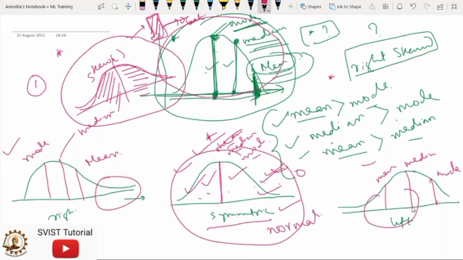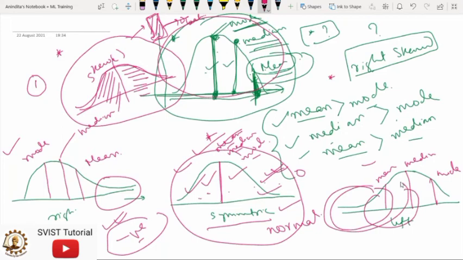That is, when the value of the skewness is negative, then the tail of the distribution is longer towards the left hand side. So whenever you find the value of the skewness is negative, then straight away you can conclude that the tail of the distribution is longer towards the left hand side. And whenever the value of the skewness is positive, then the tail of the distribution is longer toward the right hand side.